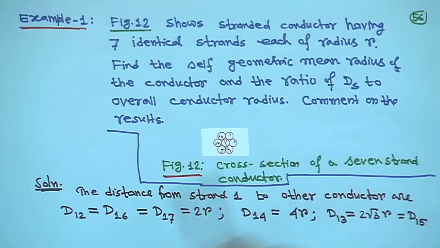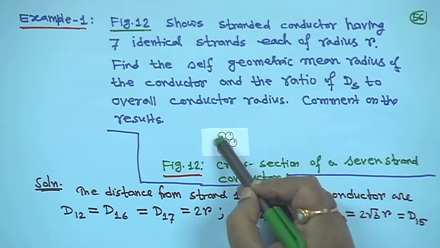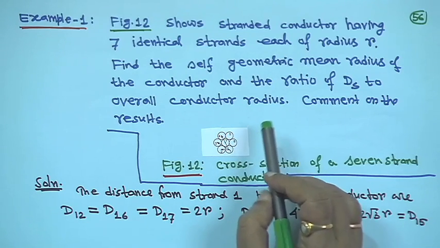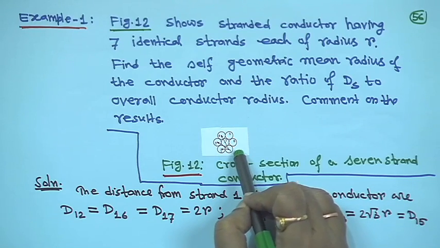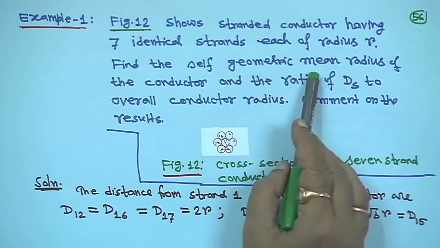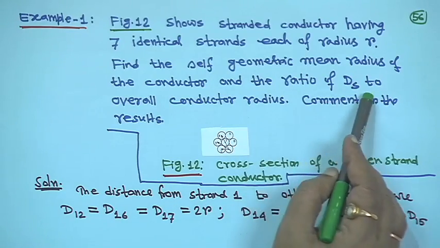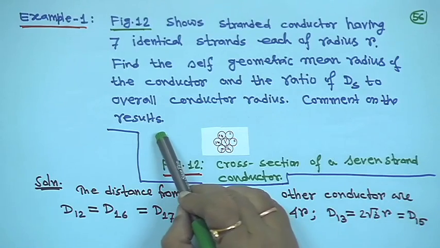If all are of the same radius, then it is 1 central and around it 6 conductors are possible. If the radii are different, it cannot be this kind of configuration. You have to find the self geometric mean radius of the conductor and the ratio of Ds to the overall conductor radius. Finally, comment on the results.